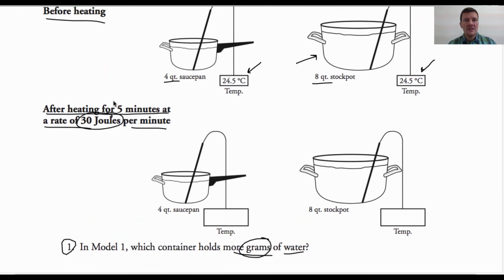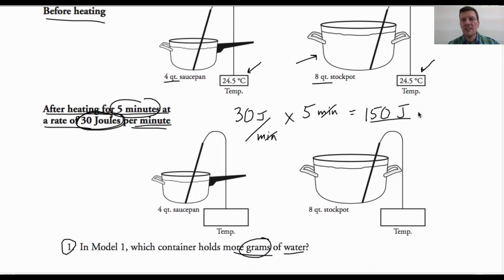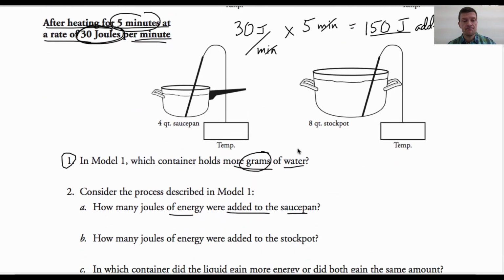We are adding 30 joules per minute for 5 minutes. You can see that we have a total of 150 joules added in total.